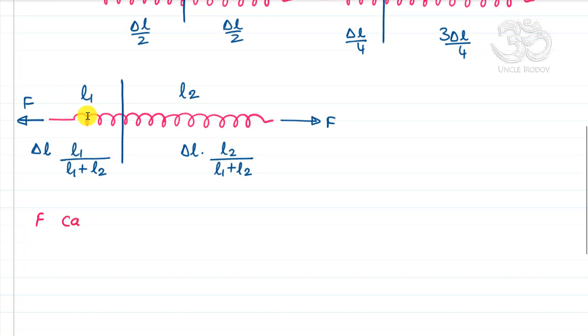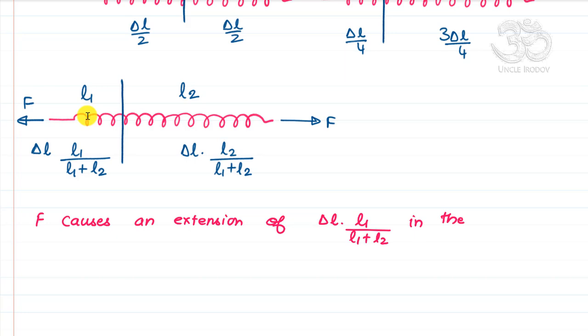So F causes an extension of delta L times L1 by L1 plus L2 in the first chunk or the first part of the spring.